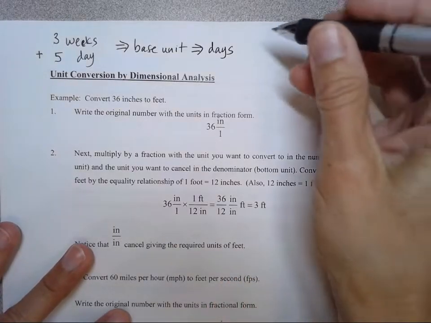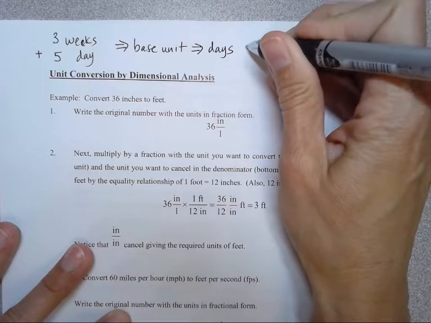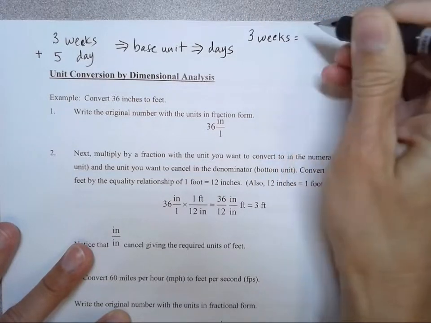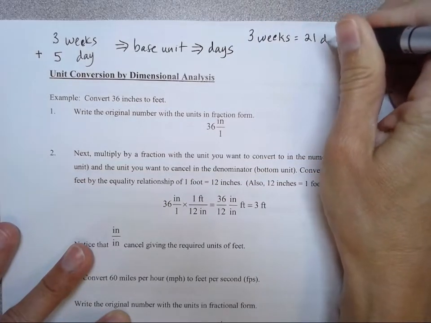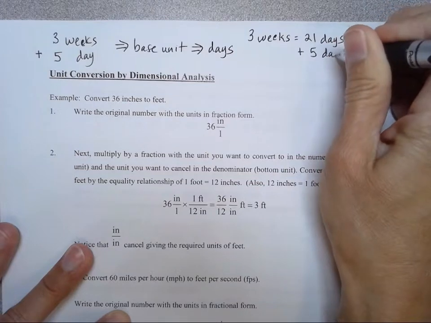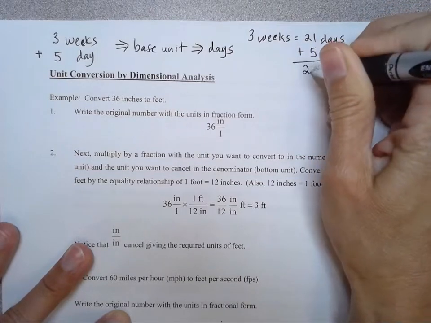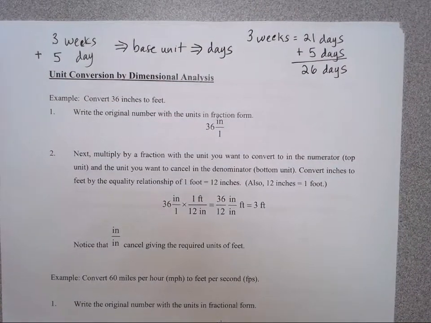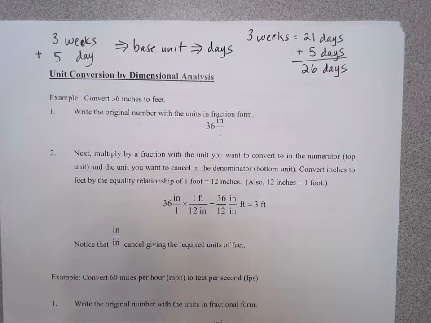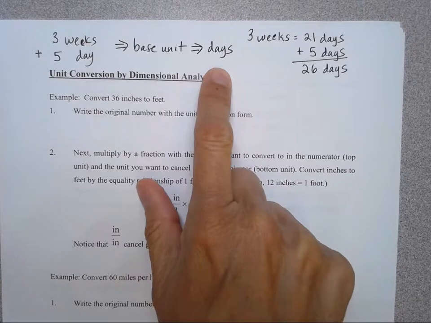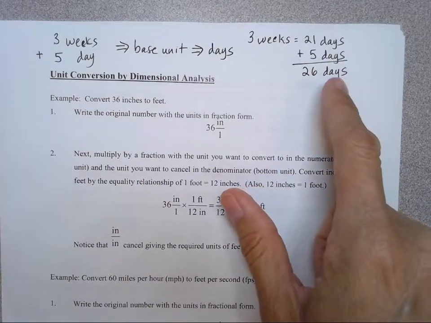So we just came up with 3 weeks is equal to 21 days, and then we had the 5 days, so that when we added them together we got 26 days. And so that's a really nice simple way to combine things that don't have the same units: decide what your base unit's going to be, in this case I chose days, and convert everything to days.